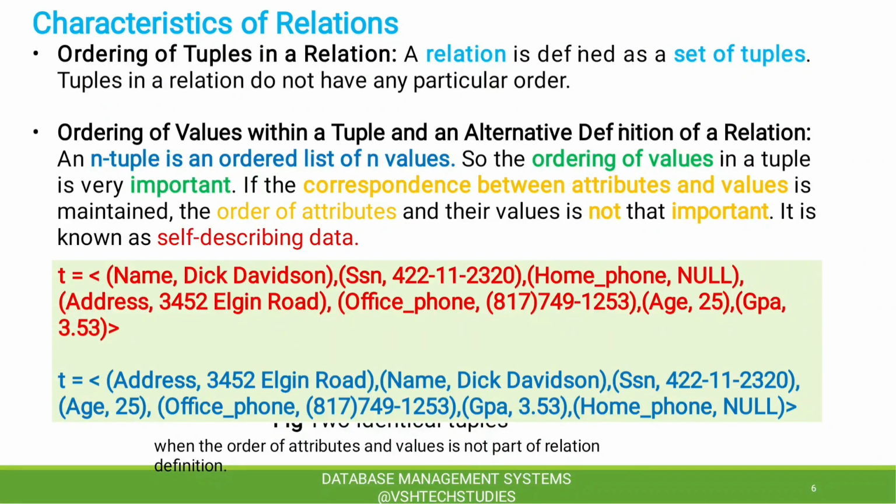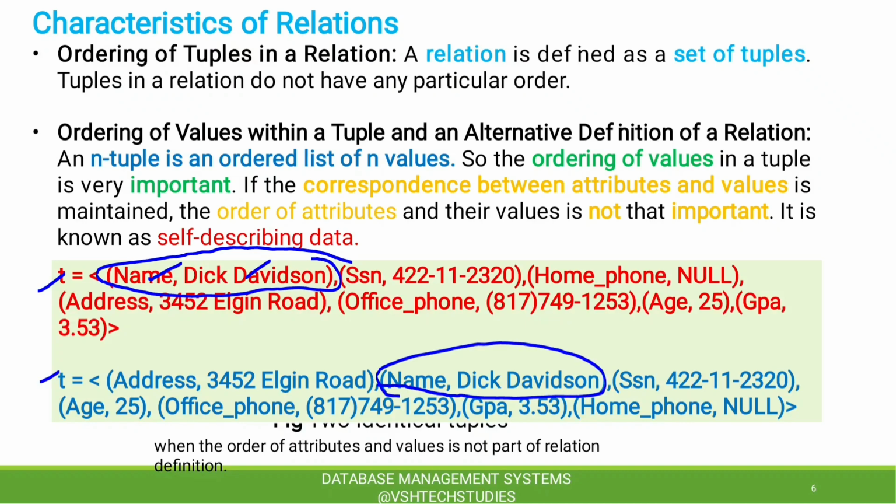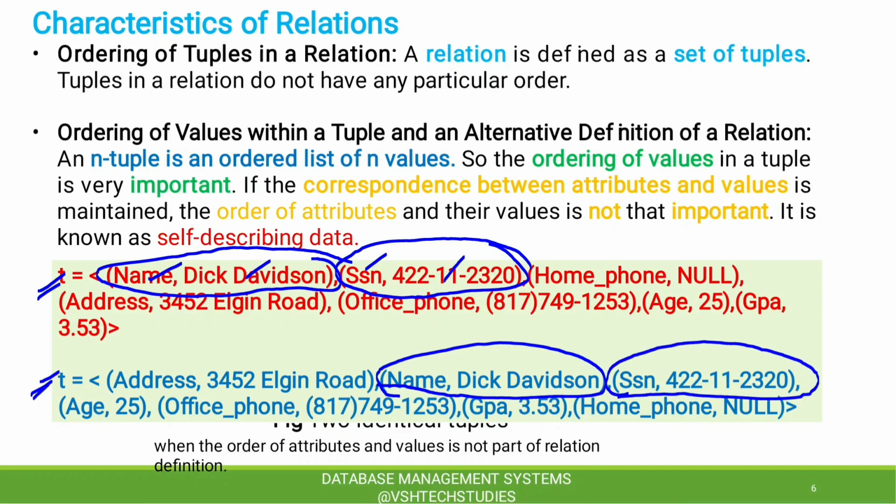The second representation of the same tuple T is this way. In the first one, the name attribute and its value are both written together in the first place. The same thing is written in the second place in the second tuple. Similarly, the SSN attribute and its value are written in the second place in the first tuple, and in the third place in the second tuple.